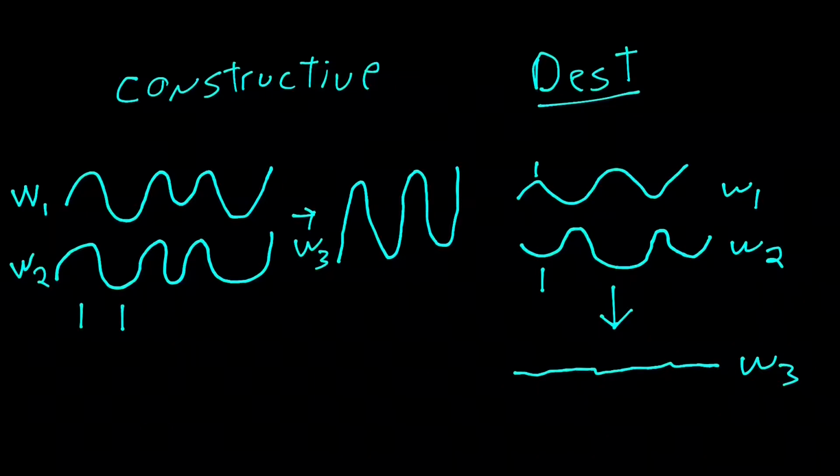So going back to constructive interference, the signal might appear much stronger. And with destructive interference, when the waves are out of phase, it will result in a significantly dampened or weaker signal.